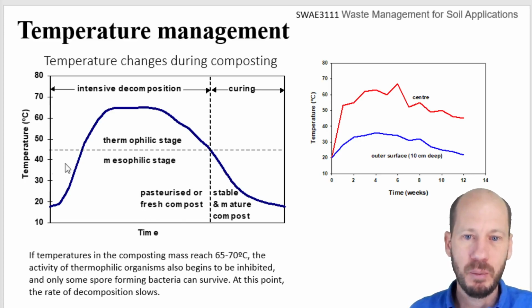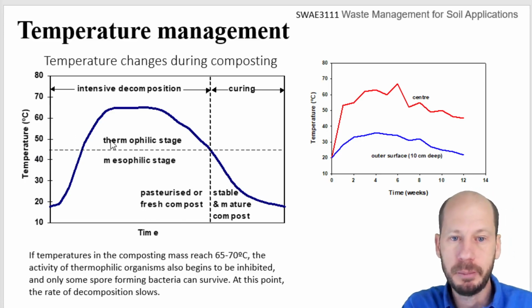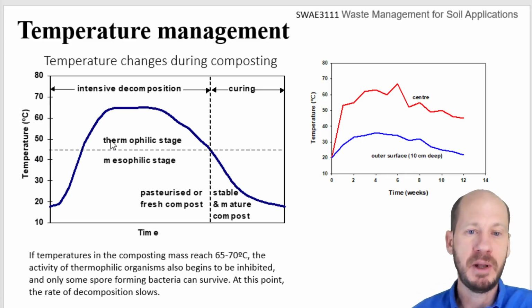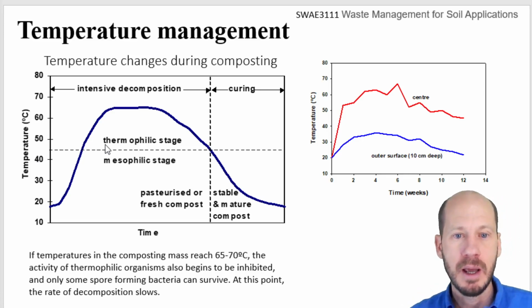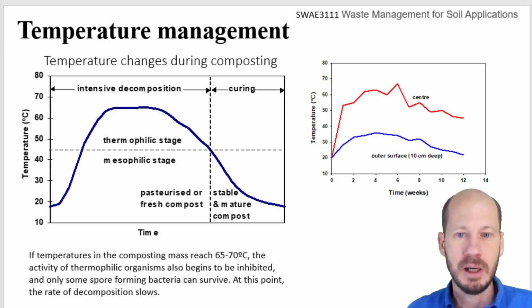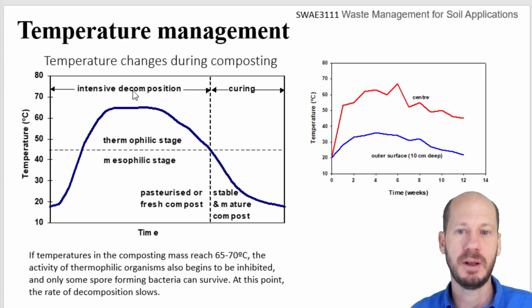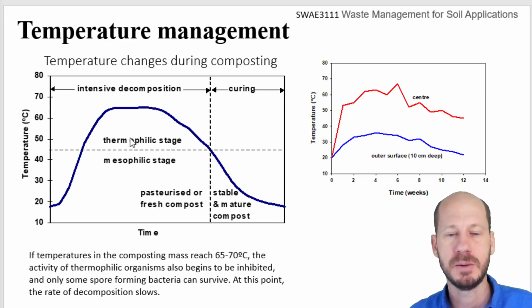And between 45 and 55, it's optimum for the thermophilic microbes to break down recalcitrant carbon molecules like lignin and cellulose, for example. So when you do hot composting, this thermophilic phase is helpful for the quality of the end product and the speed of the decomposition process.